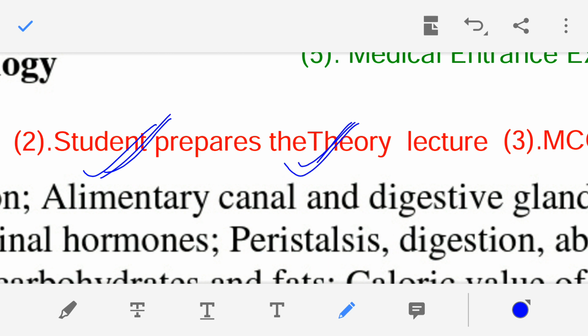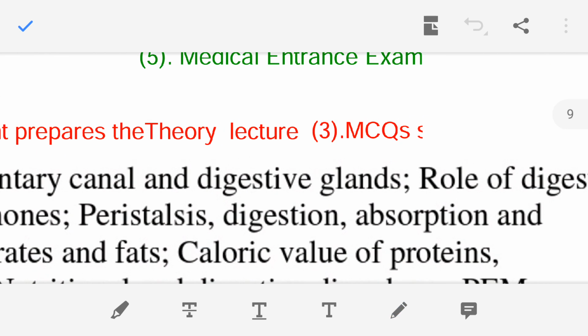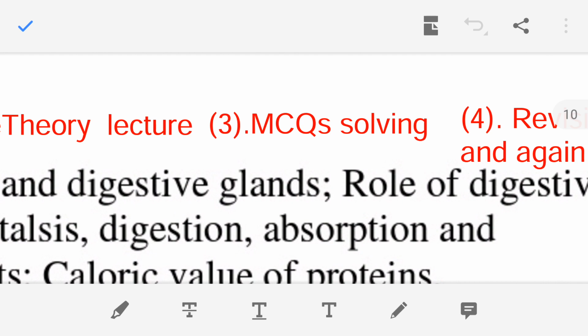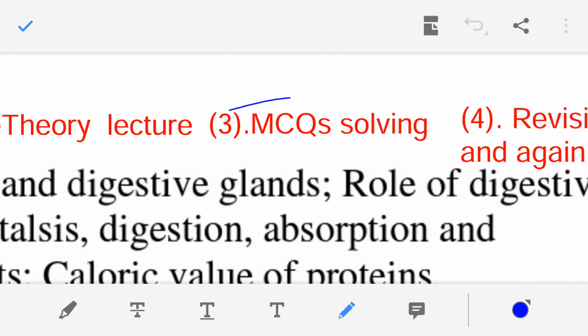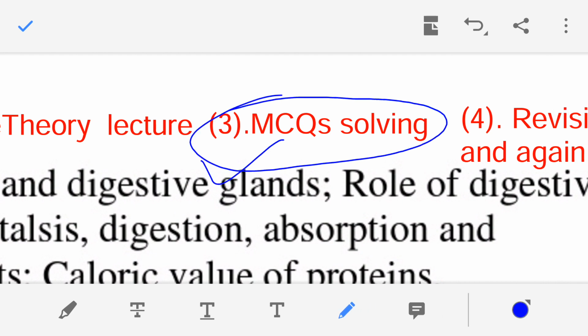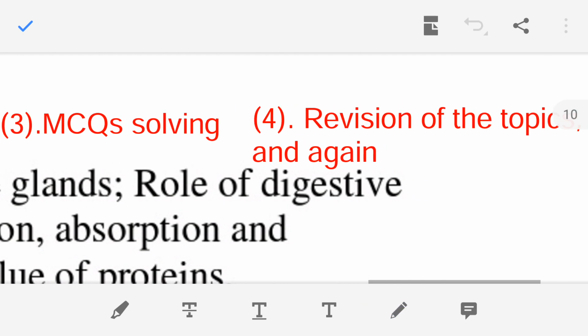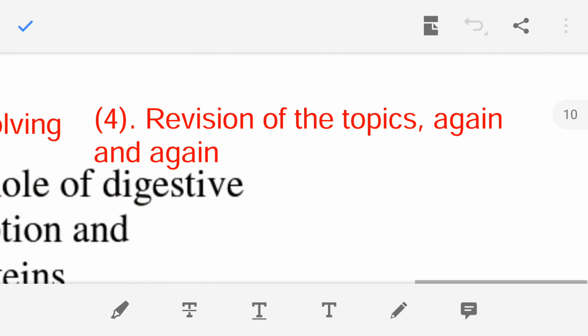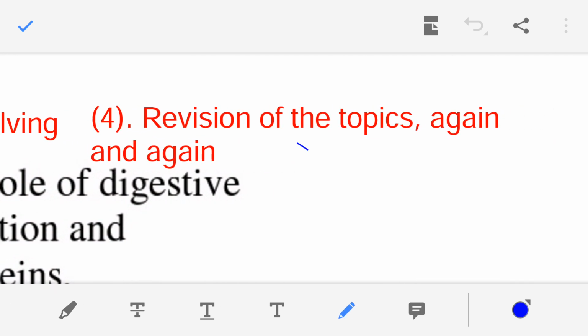You are reading, you are understanding the topic. After that, you are practicing the MCQs, and I am helping you, guiding you for your MCQ preparation. After that, revision of the topics.